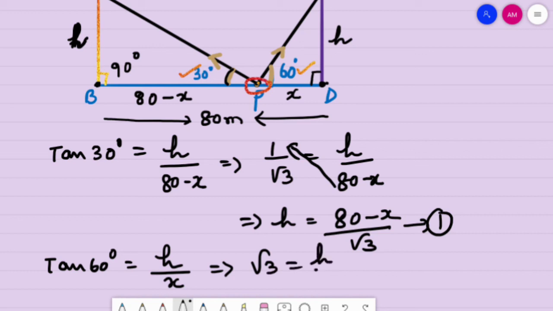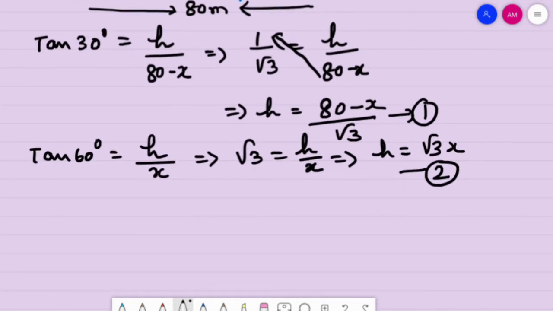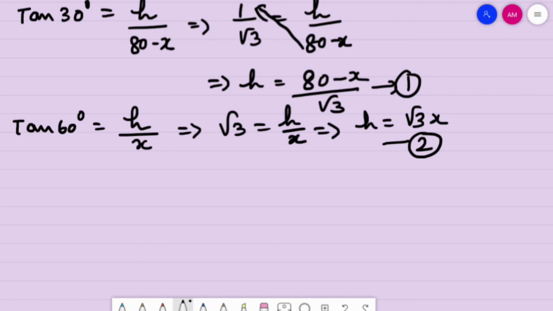So root 3 is equal to H by X. This says H is equal to root 3 X. Now this is your second equation. In both the equations you are getting the value of H, and you know that H is the same for both. So, equating 1 and 2, you will get (80 minus X) by root 3 equal to root 3 X.